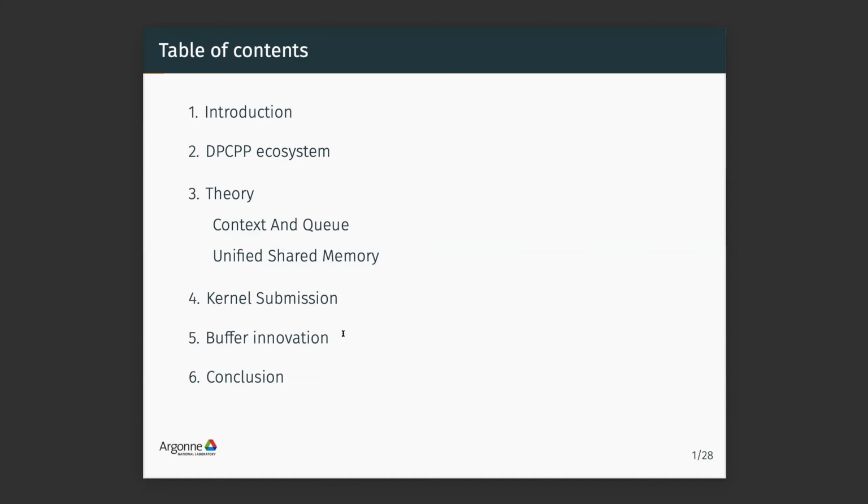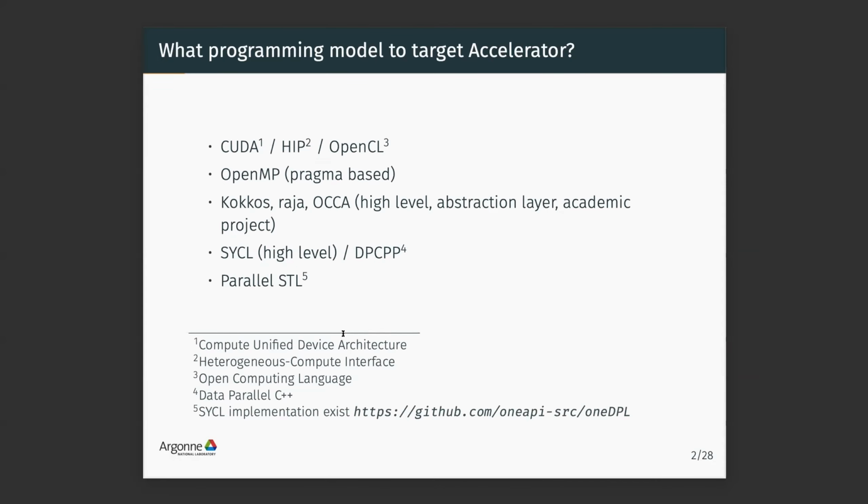SYCL has a difference compared to OpenMP, Kokkos and RAJA. It's purely C++, so it can be implemented as a library, like Kokkos does, or it can also be implemented at the compiler level.